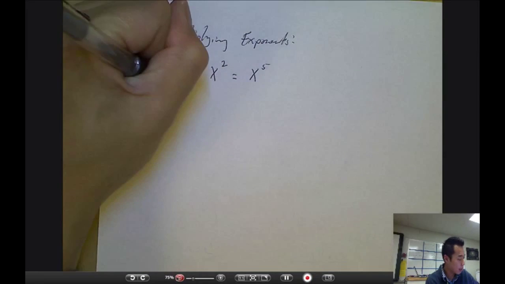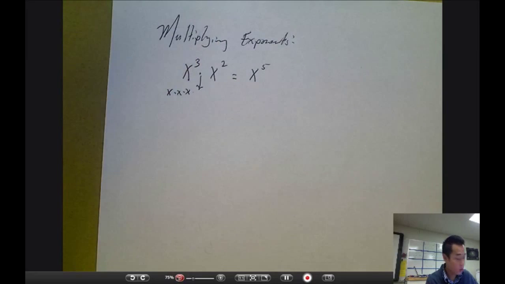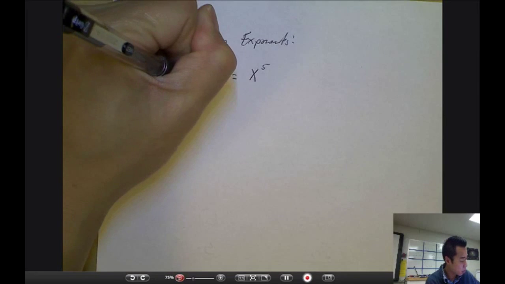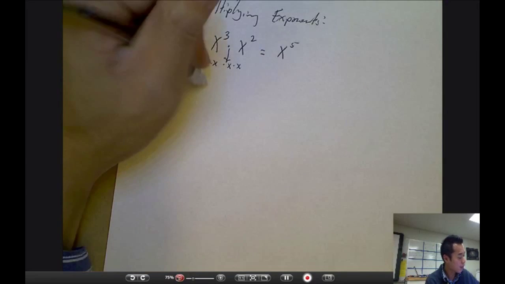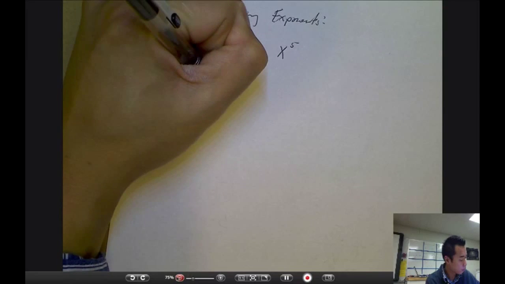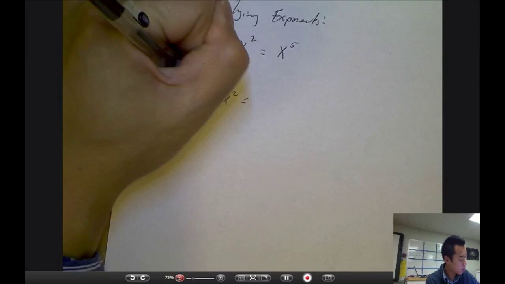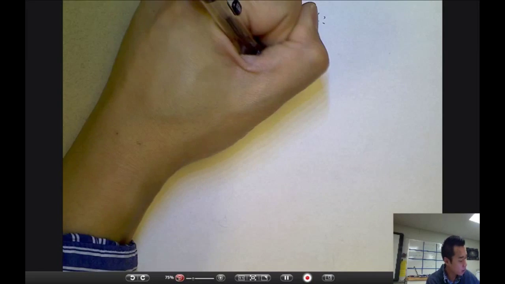You can always expand it out, but that multiplication symbol right there tells you that you're going to be multiplying them together, therefore the same base, you just add them. Okay. If you have a constant, you take care of your constants first, your coefficients, excuse me, 2 times 2 is 4, and then you follow with the exponents.